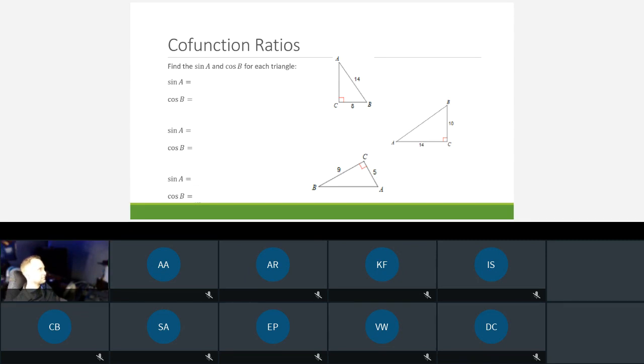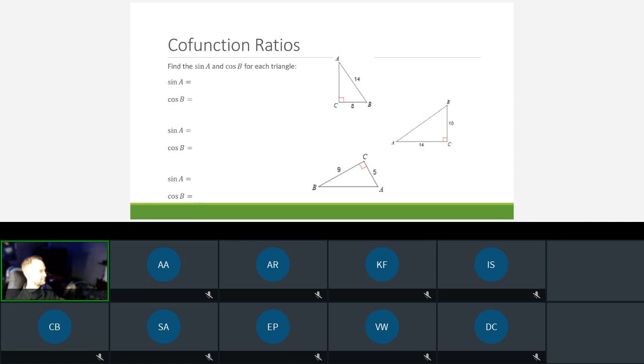So we are going to write the ratios of this. So these two are for this first triangle. These two are for the middle triangle. And then these last two are for this triangle. So we're just going to set it up.